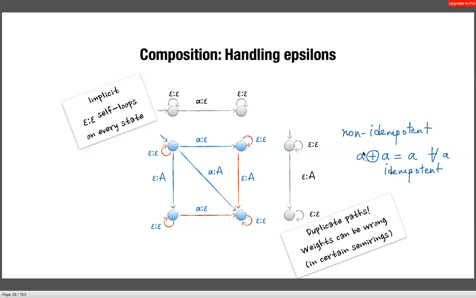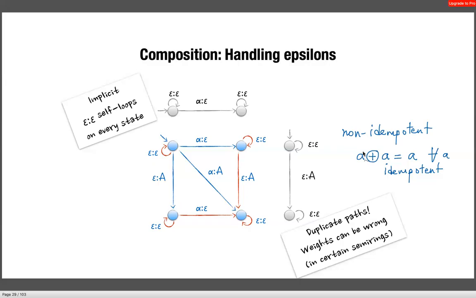Okay, and if you have duplicate paths, then recall that for the composed paths, the weight is the sum over all z, right? And if you have all these redundant paths, and say there are some matching paths in the original transducers which are counted some n number of times, where n is the number of redundant paths, then you have all these additional counts which should not have been accumulated in the composed path.